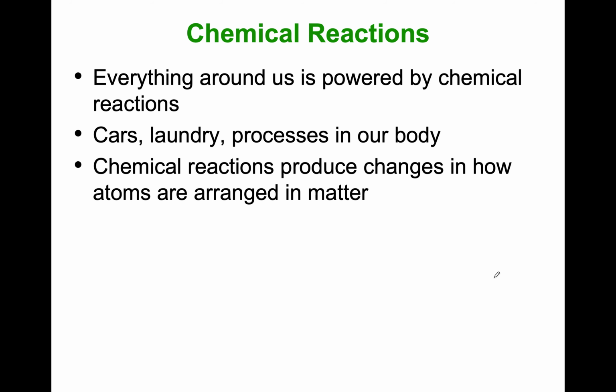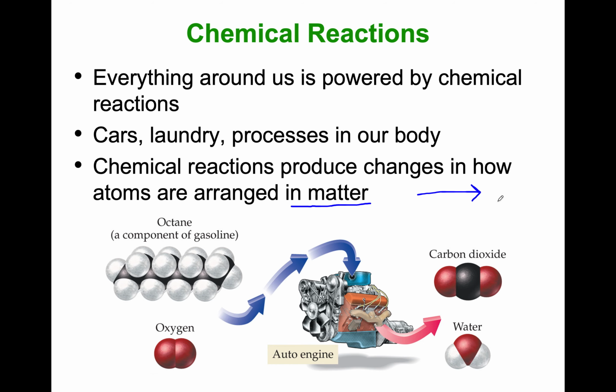How do we represent these chemical reactions? What's going on with the matter? As you've already seen with these chemical reactions, there's an arrow. Something's happening to the matter. Something's changing. One example is octane. It's a component of gasoline.